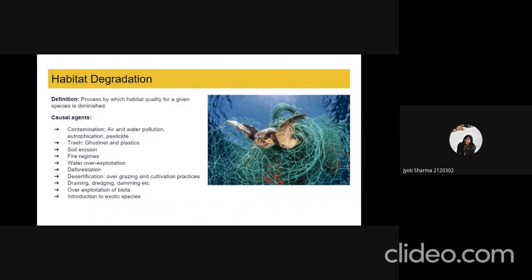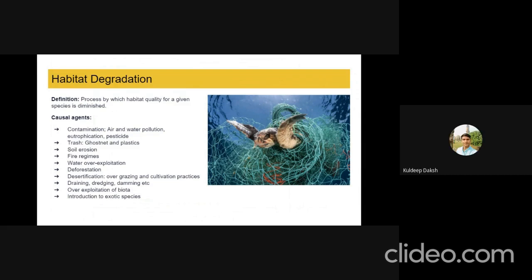Okay, eutrophication. Danish, what is eutrophication? Ma'am, basically eutrophication is the increase of chemicals in the water system, leading to a decrease of its quality.